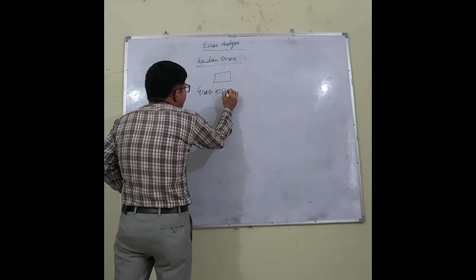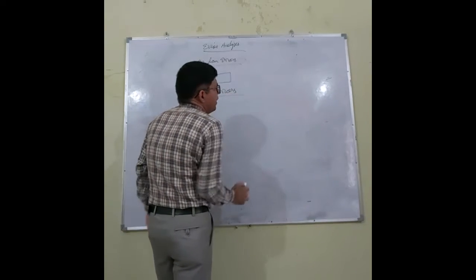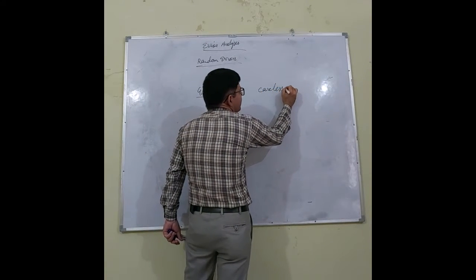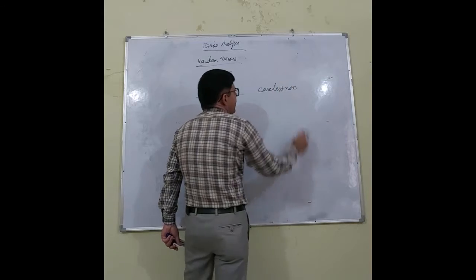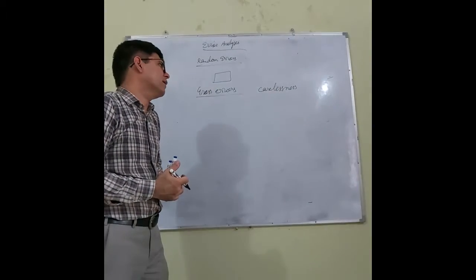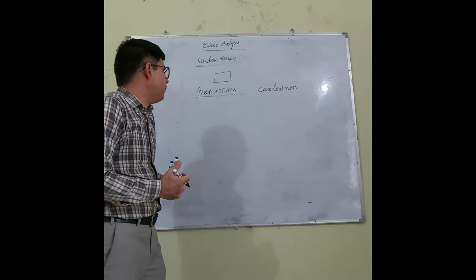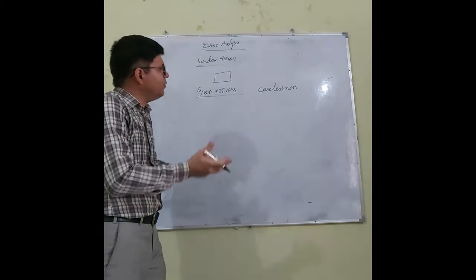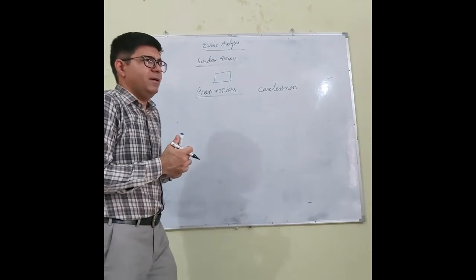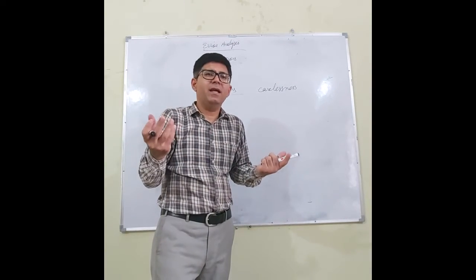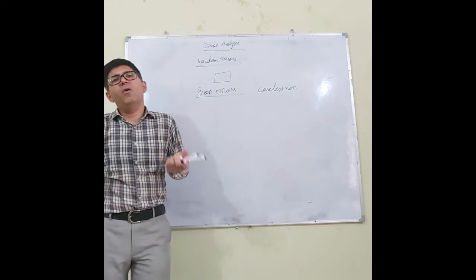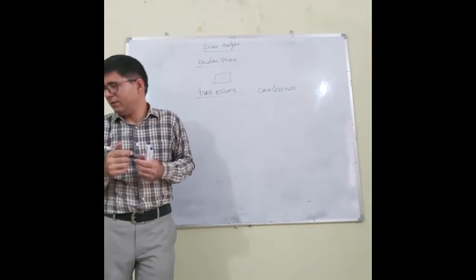Gross errors are those errors which arise due to the carelessness of an experimenter. If the person who is doing the experiment is careless, then he or she will take incorrect readings, and these incorrect readings won't give the correct results.